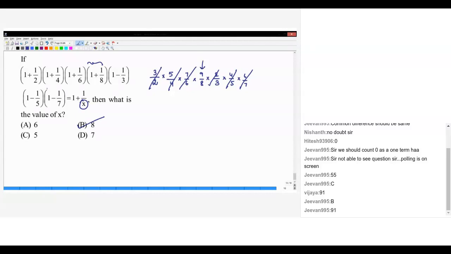Okay. We can say 1 plus 1 by 2, 1 minus 1 by 3, 1 plus 1 by 4, 1 minus 1 by 5, 1 plus 1 by 6, 1 minus 1 by 7.